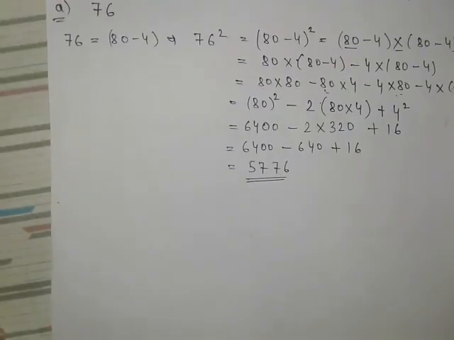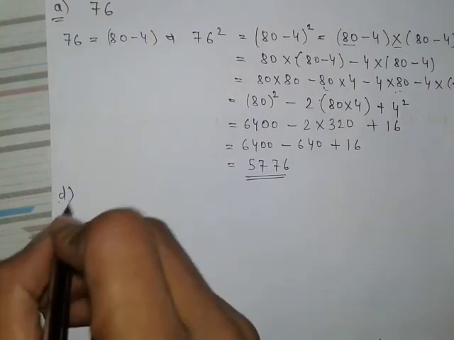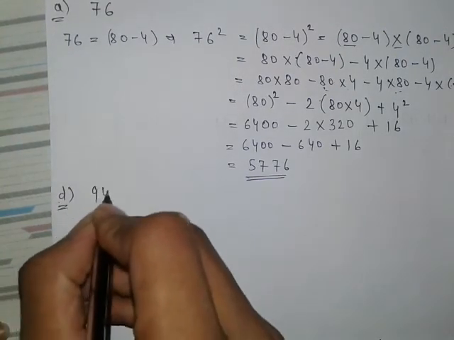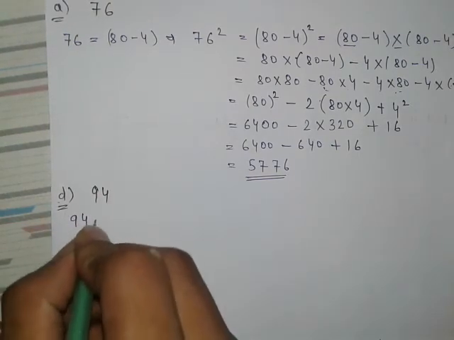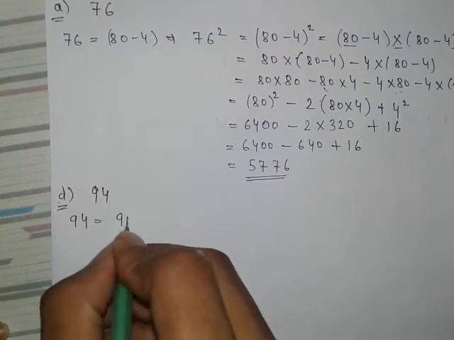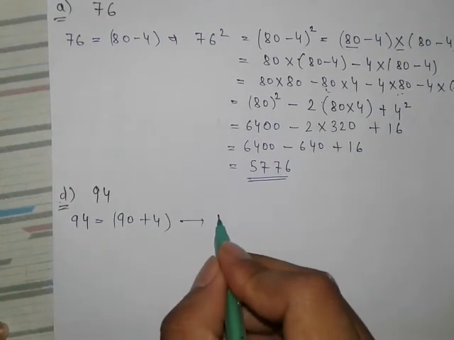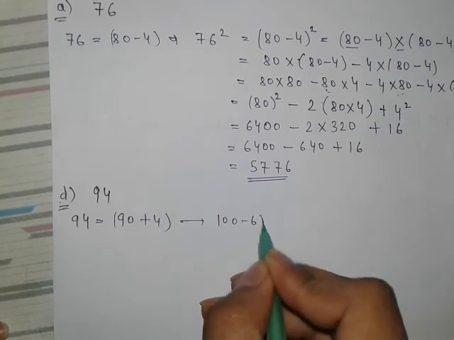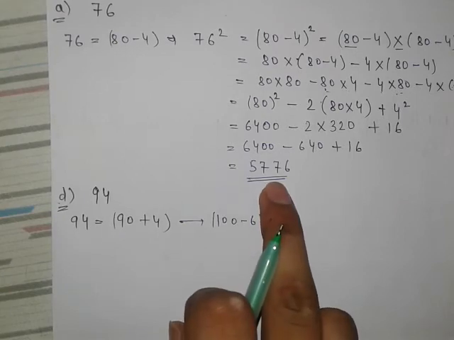Okay, let us take another part, D part. D part is 94. So you can write this 94 as 90 plus 4. You can also write it in the form of 100 minus 6. It doesn't matter which way you write it, you will always get the same result.